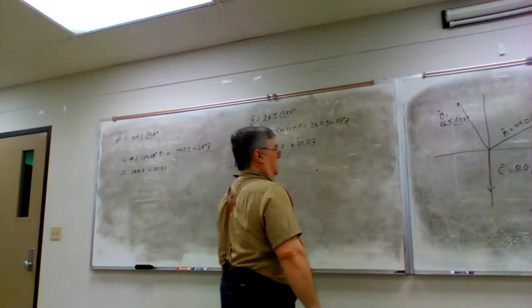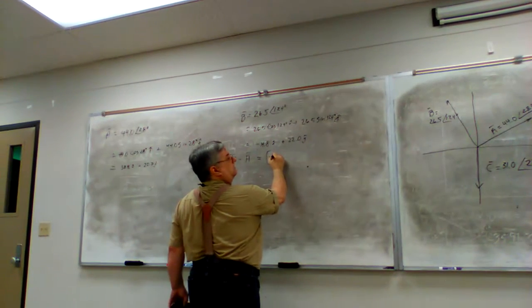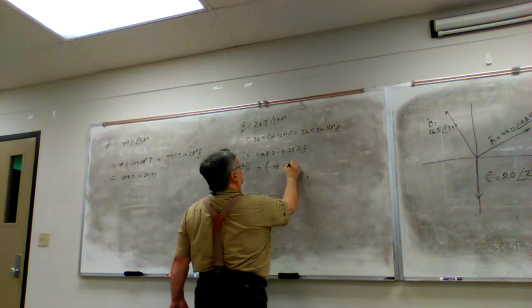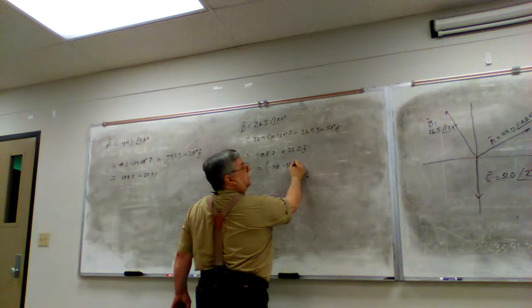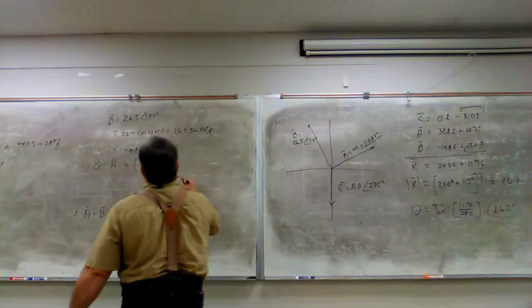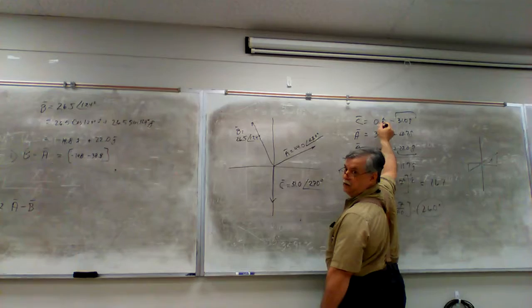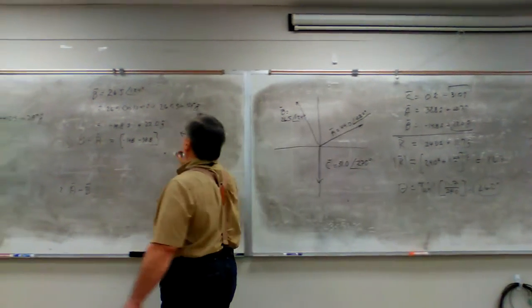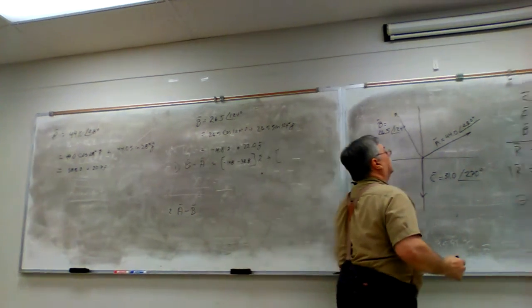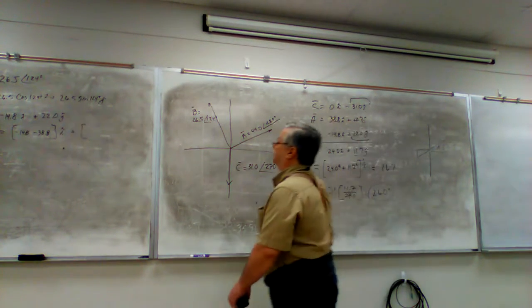So, B minus A equals minus 14.8 minus 38.8. Am I getting those numbers right? Yep. So it's the B component minus the A component. I plus the J, the 22 minus 20.7.